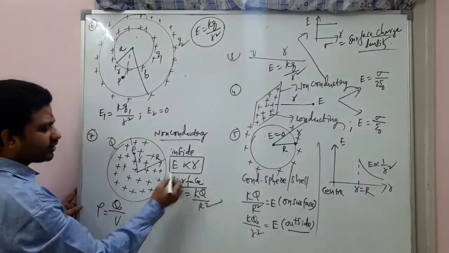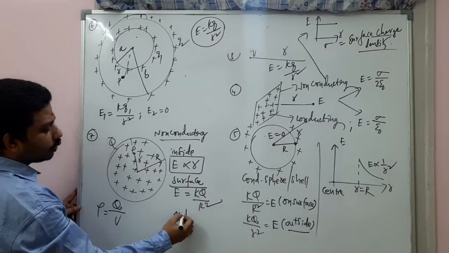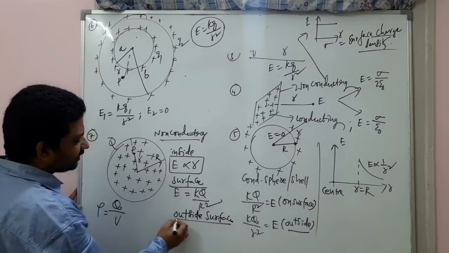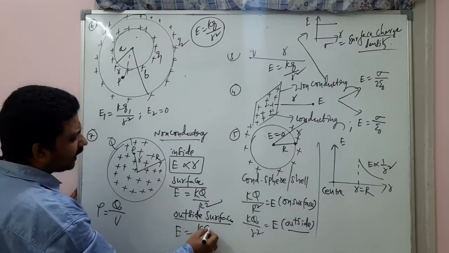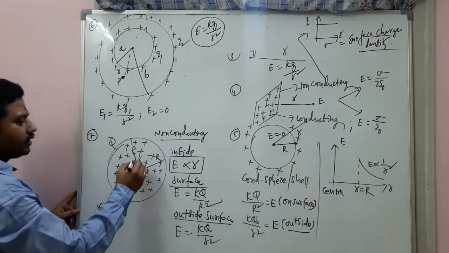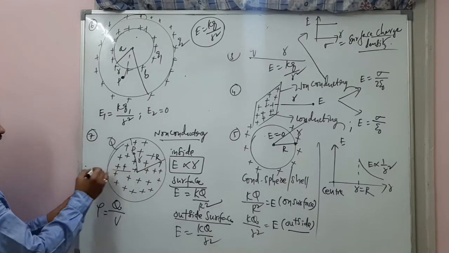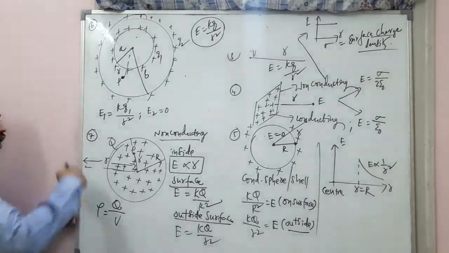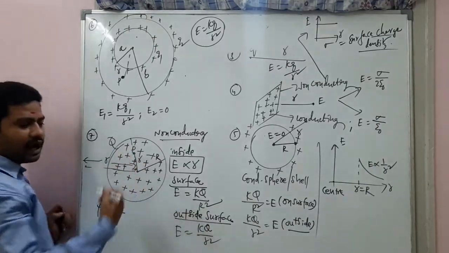Okay, so now this is on the surface. Outside the surface you can write E is equal to KQ by small r square. For example, the point is considered here. Outside it is KQ by r square.